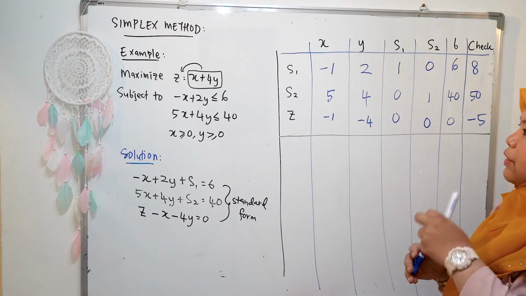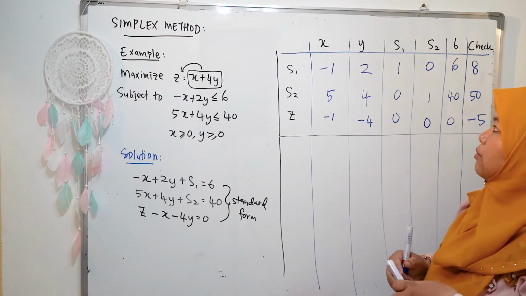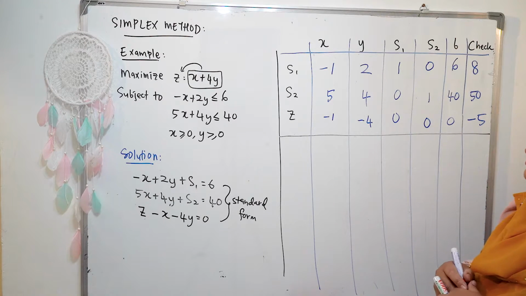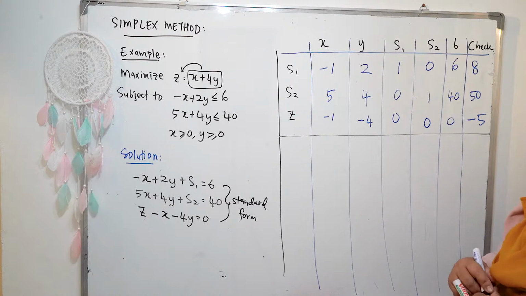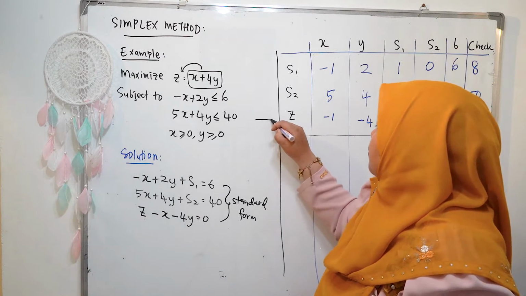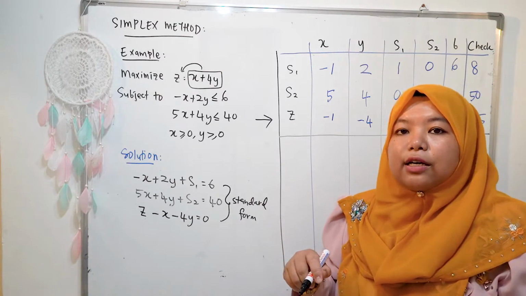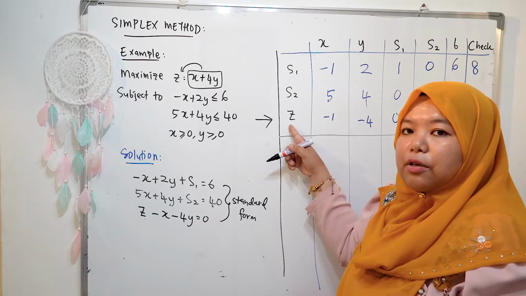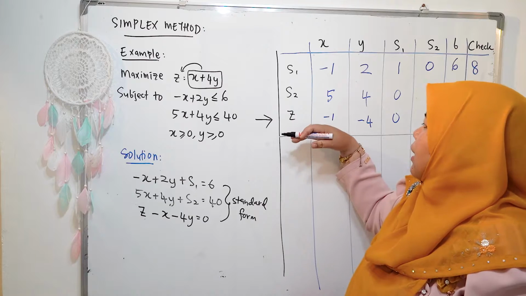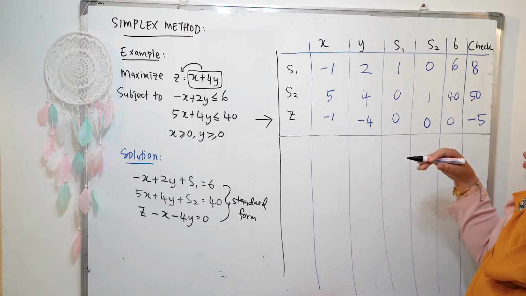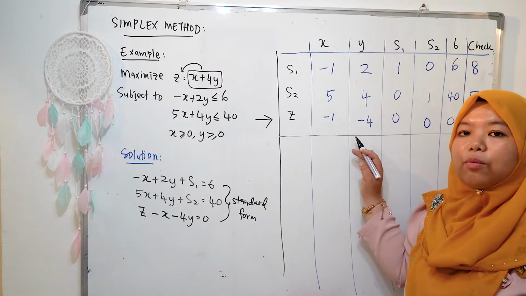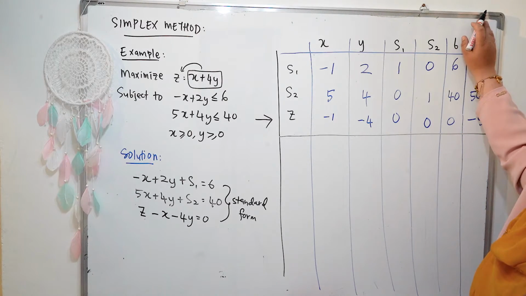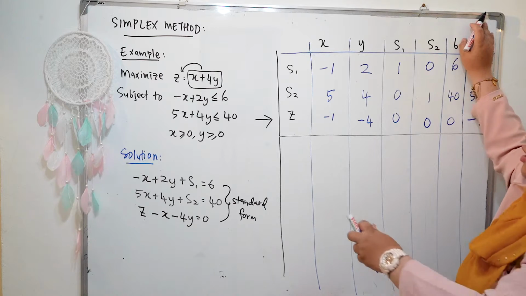First of all, for the simplex method, we have to find the key column. For the key column, you have to check the objective function, and find the value that has the most negative number, excluding the check column.